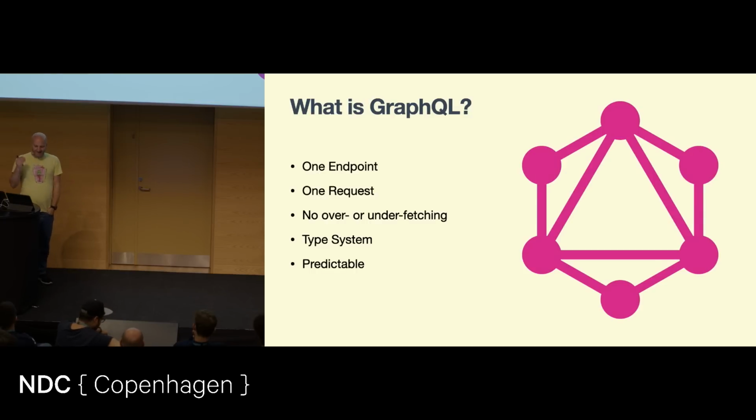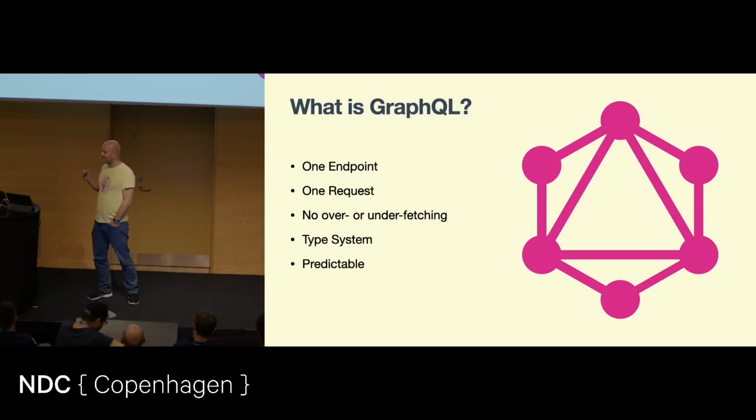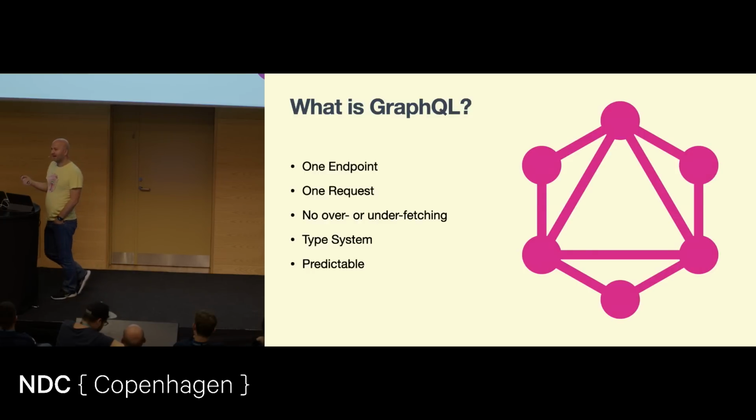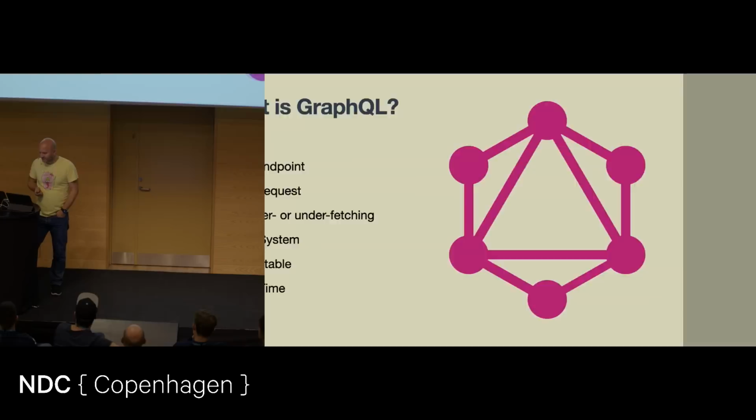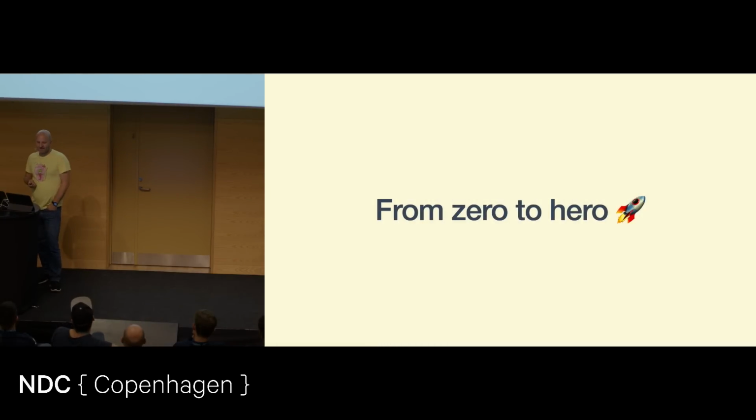And this strong type system in GraphQL makes it very predictable to use the API from a consumer perspective. Because when GraphQL tells me that a field is a string or a non-nullable string, it will never violate that contract. On top of that, GraphQL is real time. But enough of the talk.